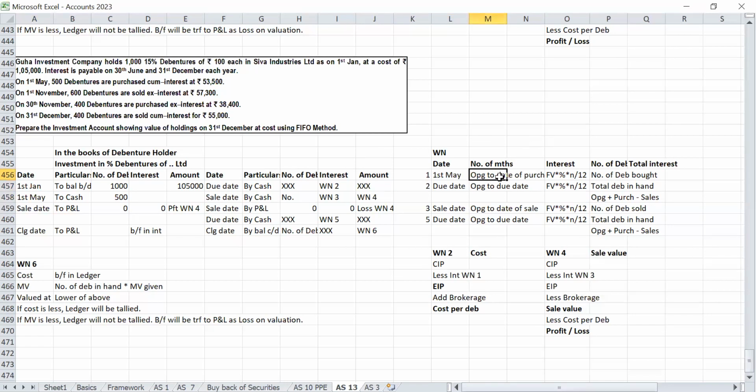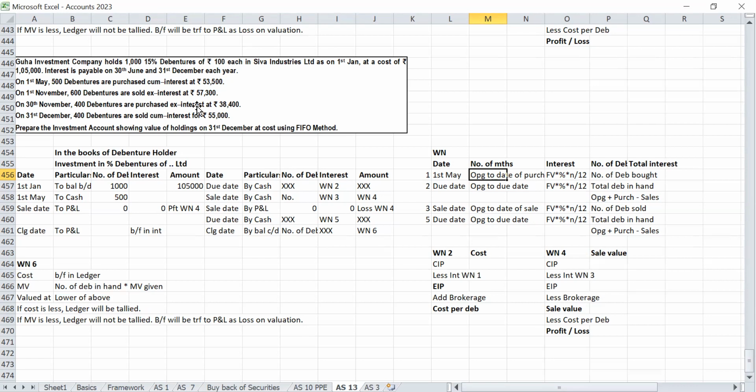Here, opening to date of purchase means what? Last interest payment date is what? 31st December. So from that, January, February, like that you have to compute. Interest is paid on 31st December, it is paid. So January, February, March, April, 4 months.